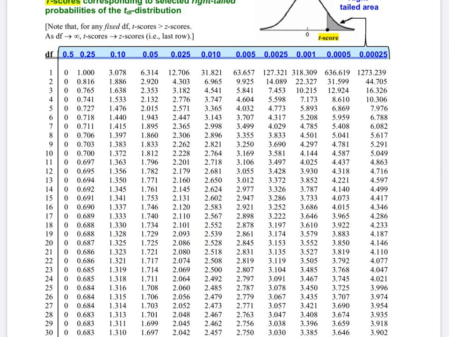Now remember that T distributions are distinguished by the so-called degrees of freedom.